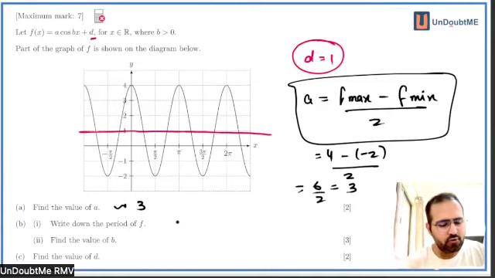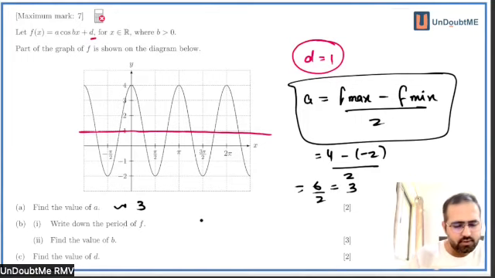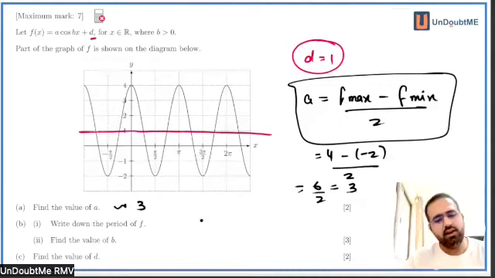Write down the period of F. So what is the period of this function? How will you get the period? Let us understand it from the graph. You have to start from any value. Let's say I started from this.